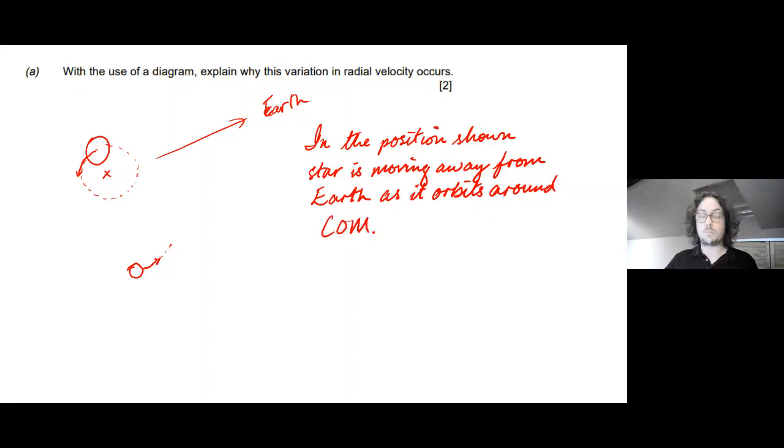Being lazy, I'm just writing COM. So that would be a diagram. Maybe we'll put down a star. We'll label it up a little bit. This would be planet.